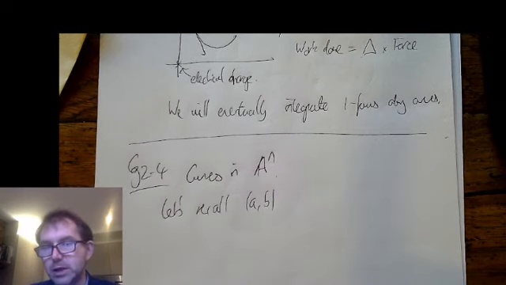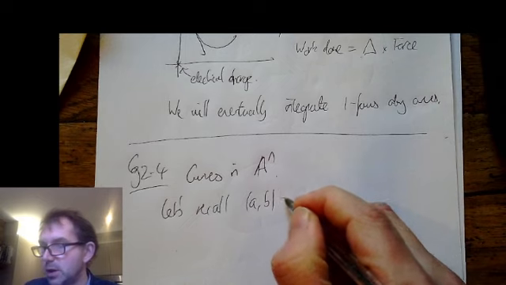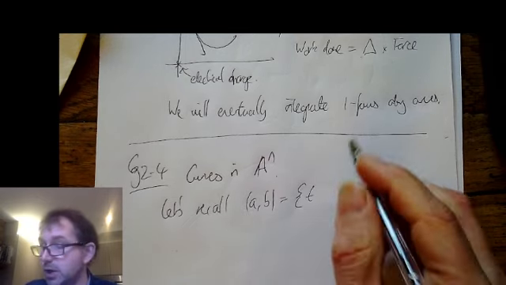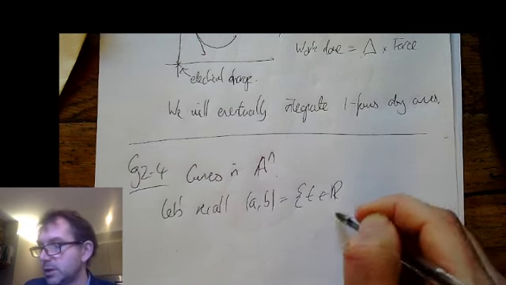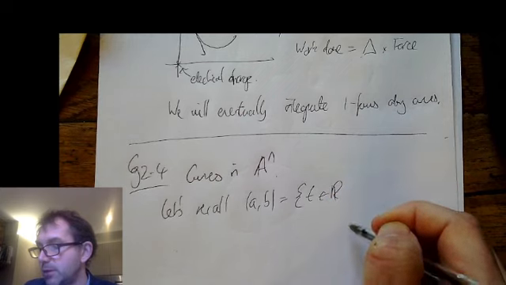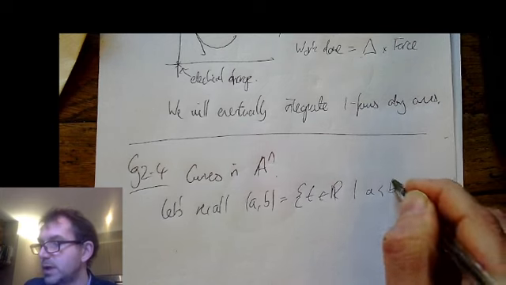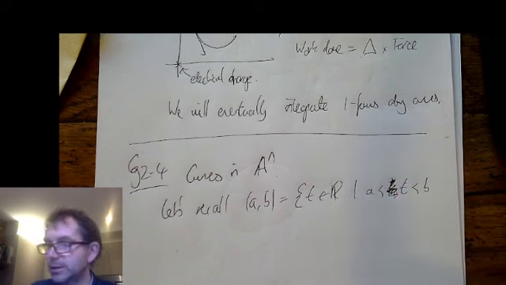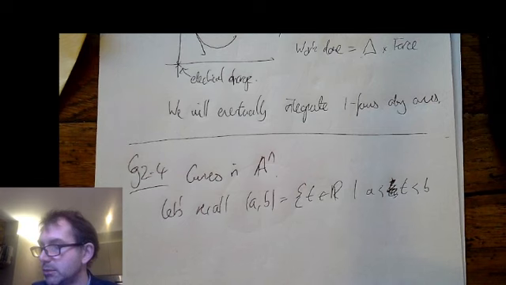So hopefully you've seen some notation like this before. (a, b) in round brackets is where we're thinking of a and b as being real numbers. That's going to represent a subset of the real numbers, the subset of real numbers t in R that are between a and b, but strictly. So we don't include t being equal to a or t being equal to b.